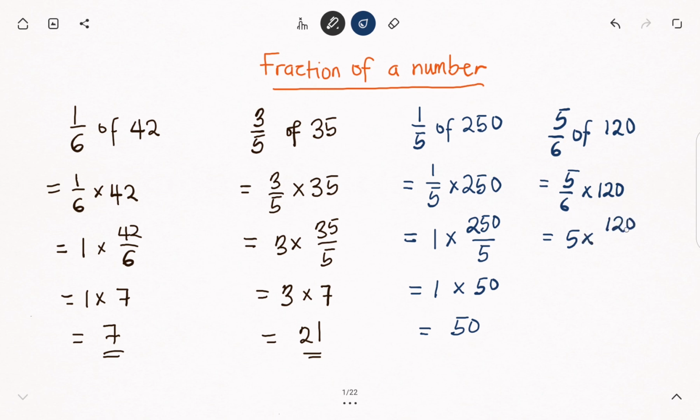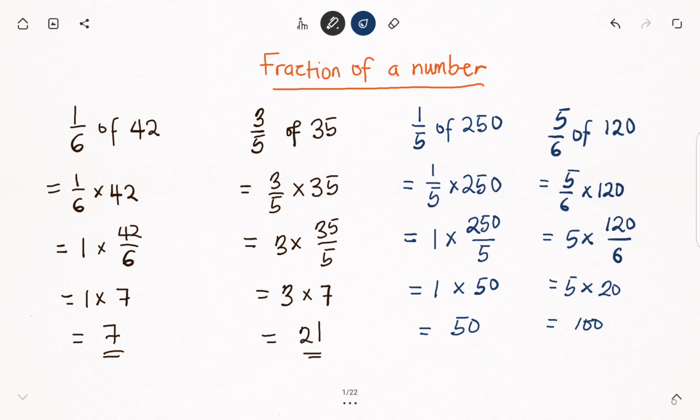So we have 120 divided by 6. Now from here, we maintain our 5 here, multiplied by 120 divided by 6. 6 will go into 12 2 times. We add a 0, so that means 20. So we have here 20. So this is equal to 5 multiplied by 20 will give us 100 as our answer.